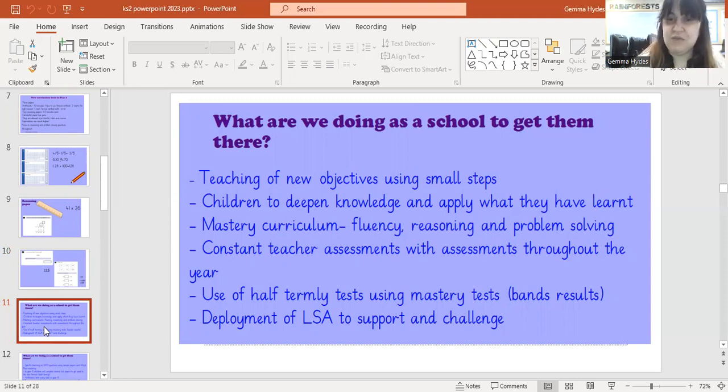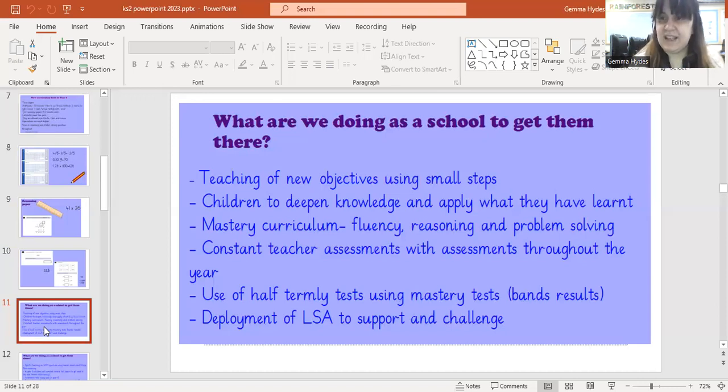We follow the fluency, reasoning and problem solving strategies in White Rose so that the children are able to apply their learning, and we're constantly assessing them throughout the year to make sure that we're picking up on any gaps, but also we want them to get used to assessments, and we do tell them about SATs because they're a bit older, so they know what they're working towards.